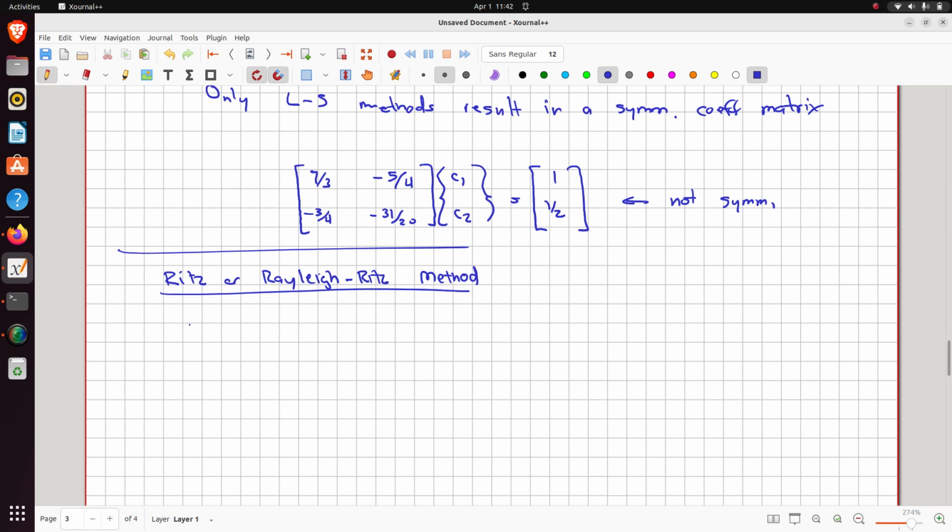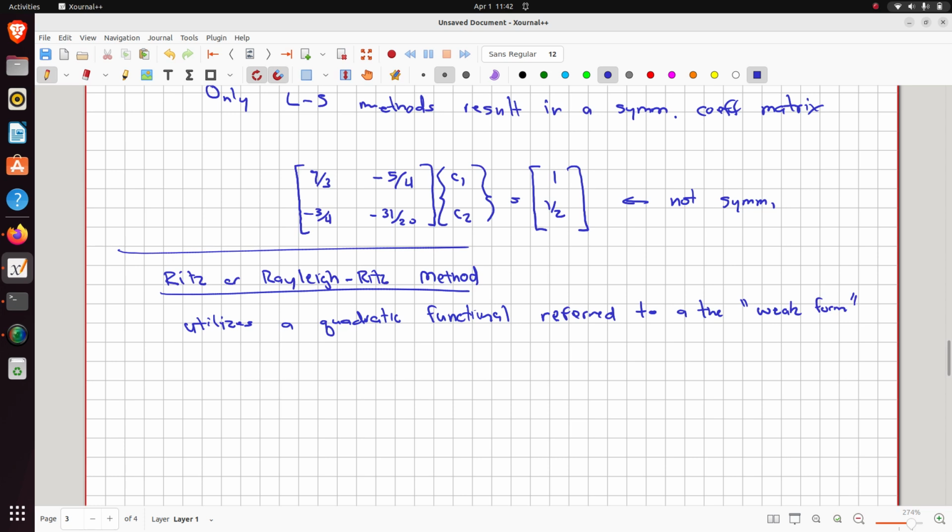So the Ritz method utilizes a quadratic functional referred to as the weak form.